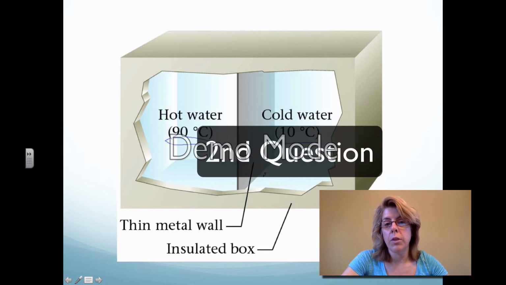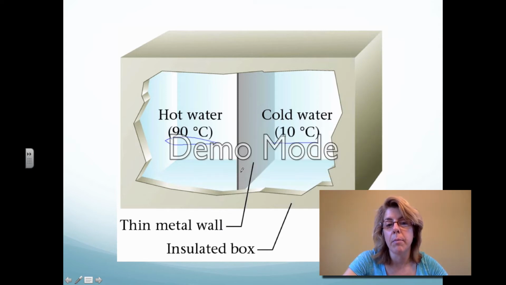So remember, there's just a thin metal wall. We're not mixing the two, but what do you think is going to happen over time for this box? So write this down right now. Okay, pause it if you're not done. Otherwise, I'm going to move on to the next slide.